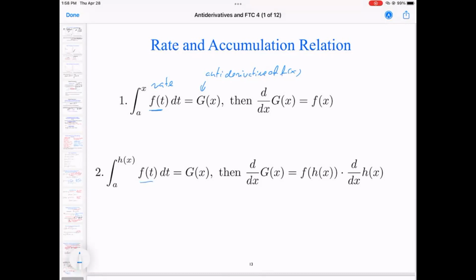So when you take the derivative of that, you get back to the rate function at the inside function at h of x. So you just have to substitute h of x here, right? And then you take the derivative of the inside function. Does it make sense?